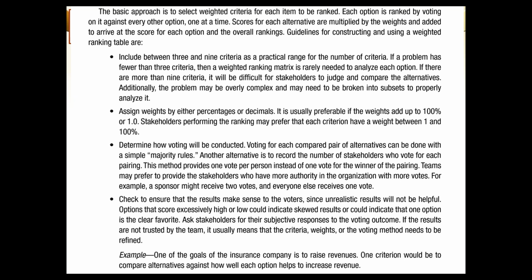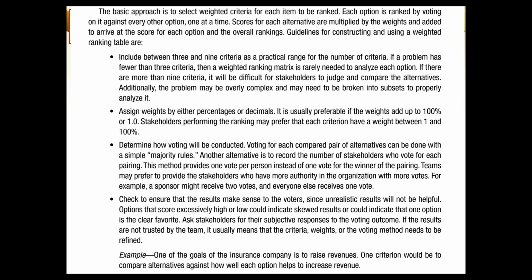Check to ensure that the results make sense to the voters, since unrealistic results will not be helpful. Options that score excessively high or low could indicate skewed results or could indicate that one option is the clear favorite. Ask stakeholders for their subjective responses to the voting outcome. If the results are not trusted by the team, it usually means that the criteria, weights, or the voting method need to be refined.